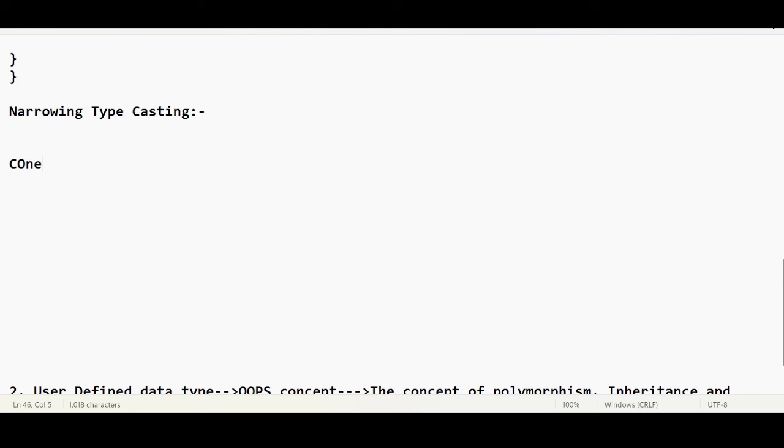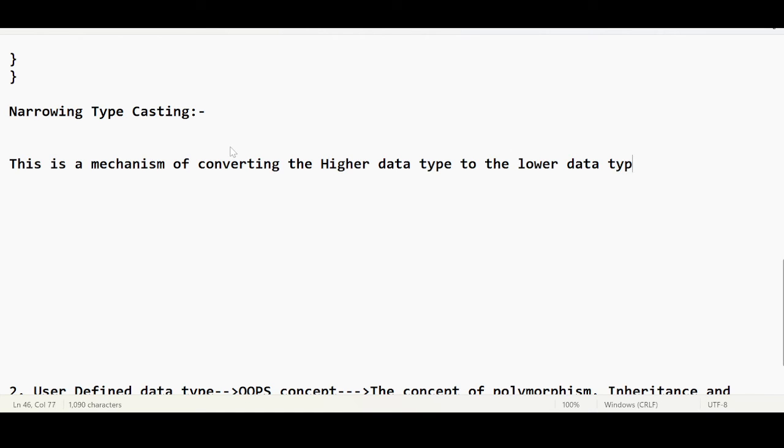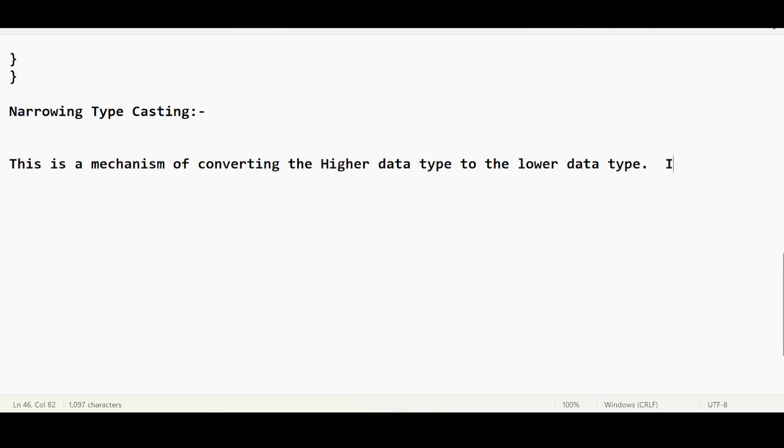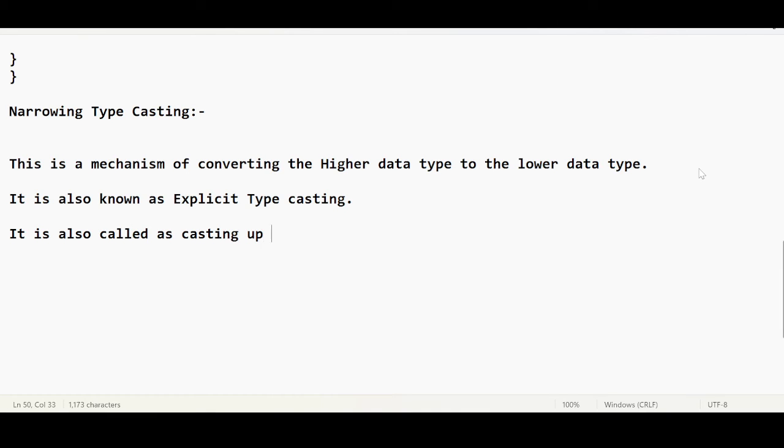So the simple expression is this is a mechanism of converting the higher data type to the lower data type. This is known as explicit typecasting, and we can also call it casting out.